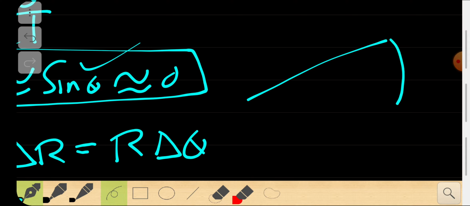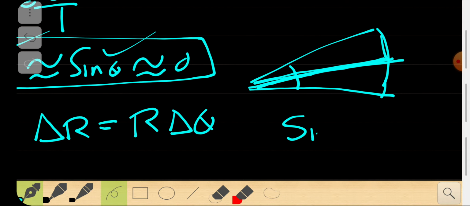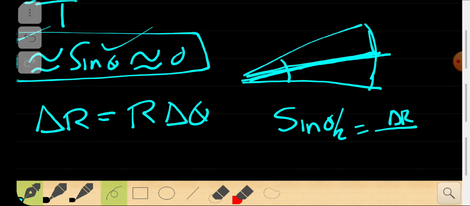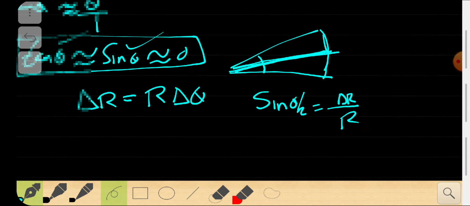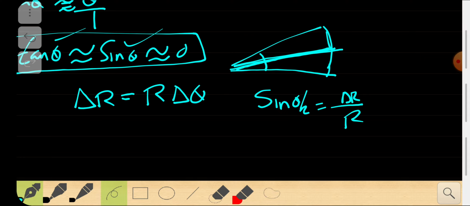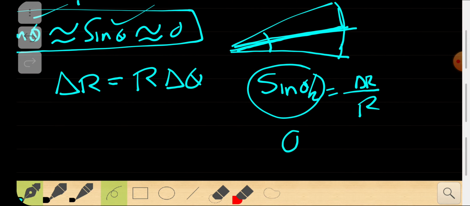If you have a circle like this, this is theta, and for this triangle, you can see sine theta by 2 is equal to delta r by r. So theta by 2 must be equal to delta r by r.